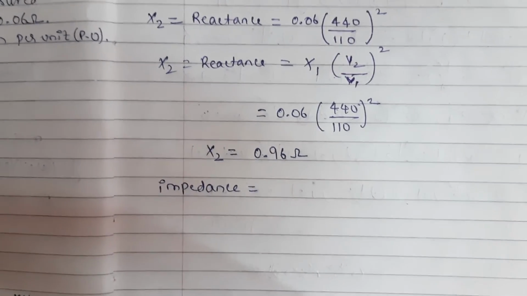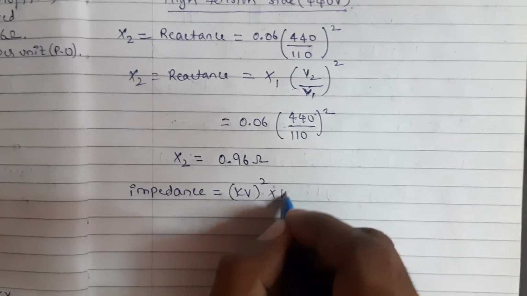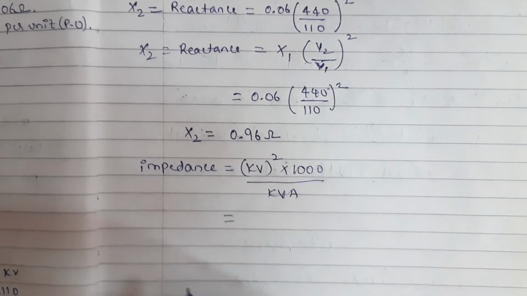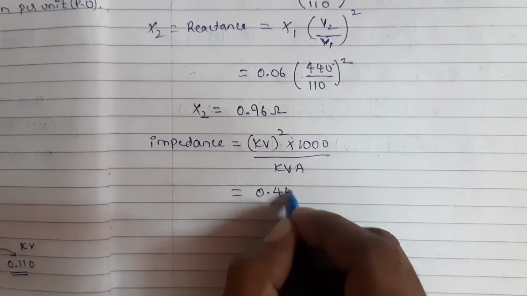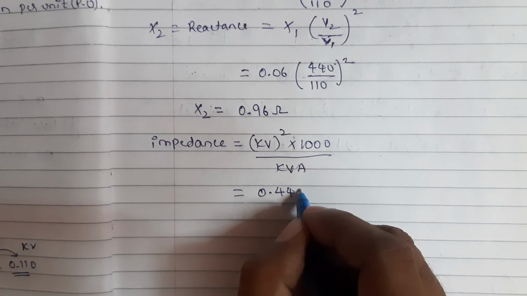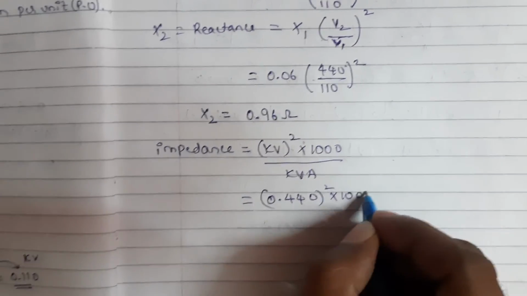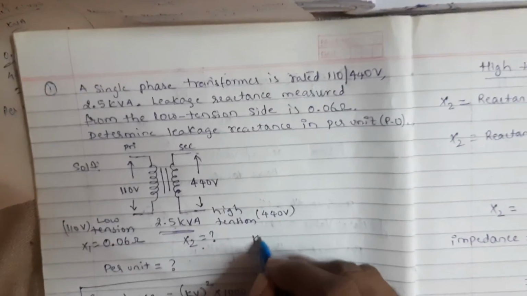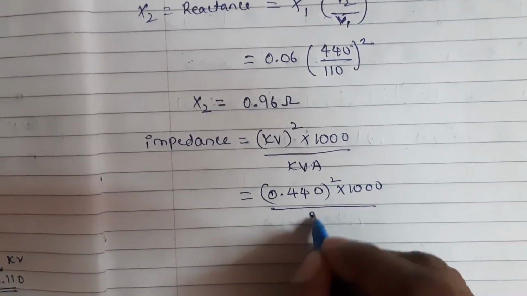We know the formula: kV squared into 1000 divided by kVA, with kV as 0.440 squared, and kVA as 2.5.